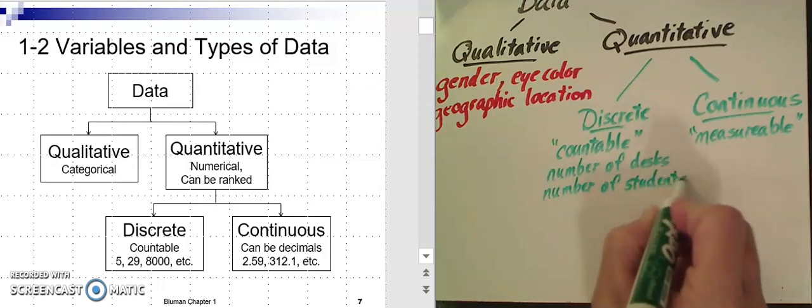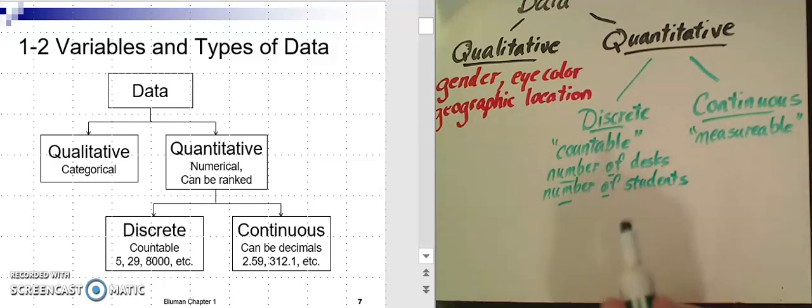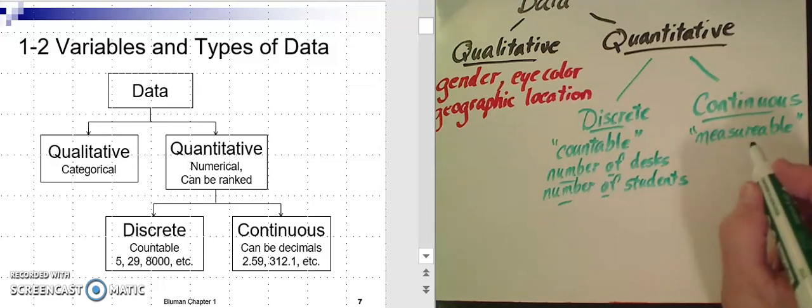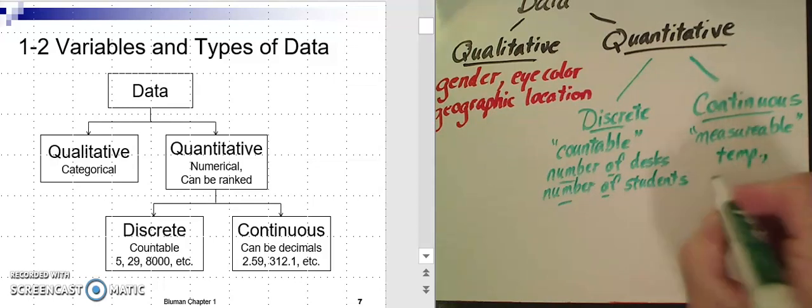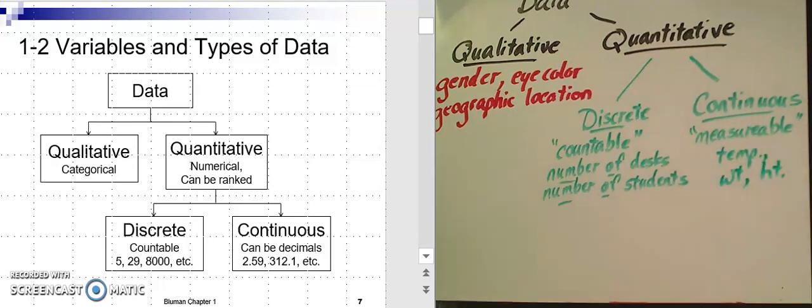Kind of giving you a little hint here with the words "number of" something. Whereas continuous would be numerical measures, data values that you get by measuring. So anything that's measurable: temperature, weight, height, length, any of those types of measures.